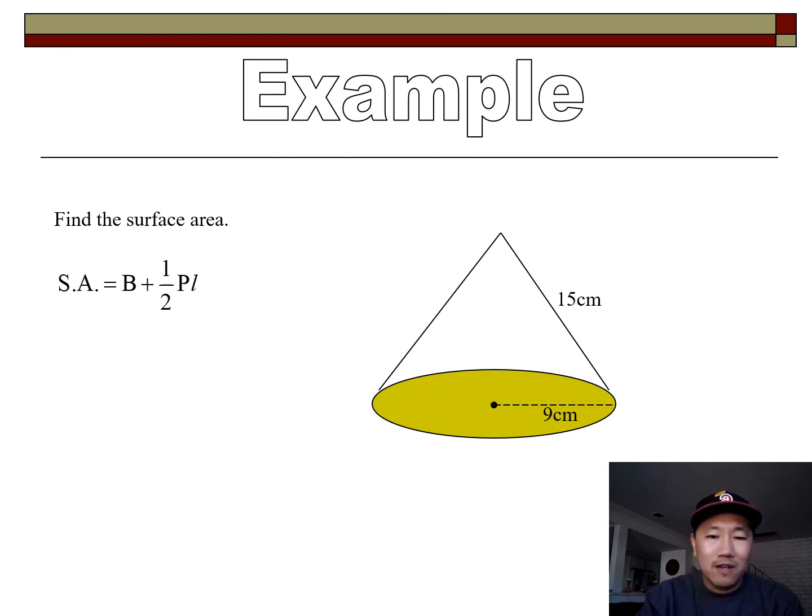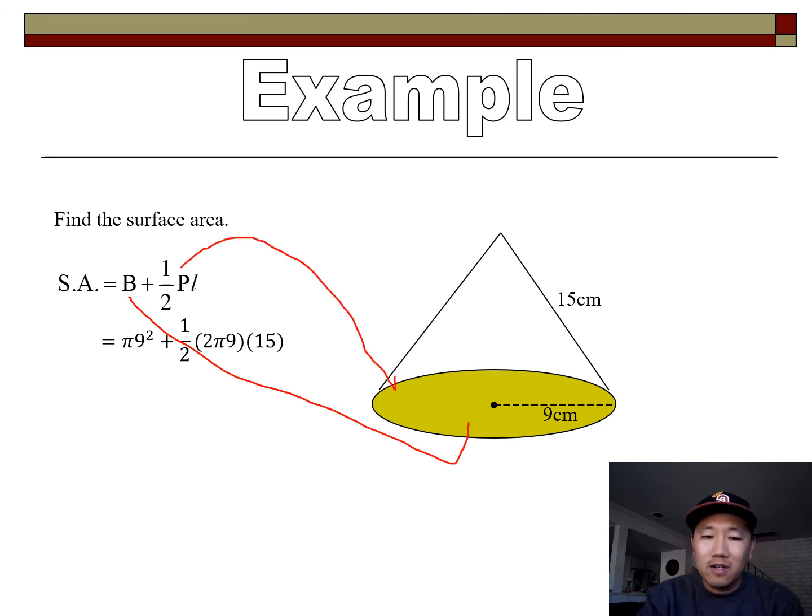We have a cone. Let's go ahead and find the surface area. This is a pretty straightforward problem. We know the area of the base is pi r squared. The r is 9. And then the perimeter is 2 pi r. And then the slant height, L, is the 15. So basically, all the information was there.